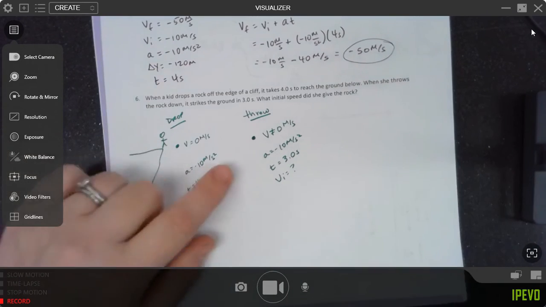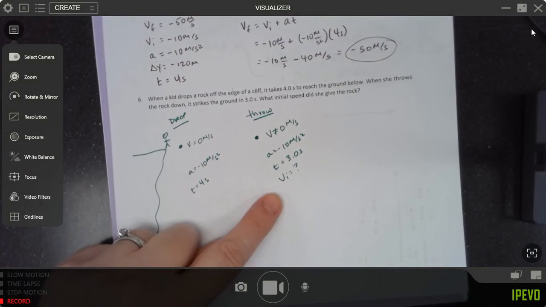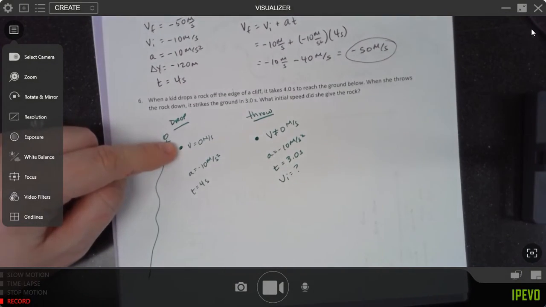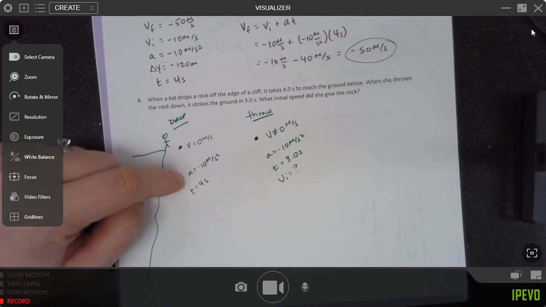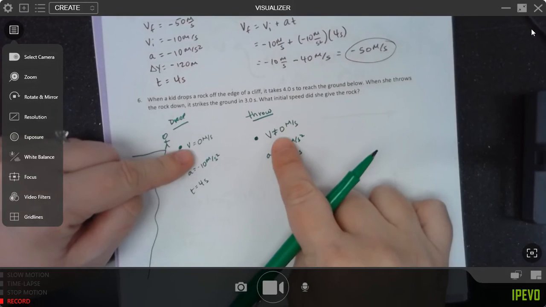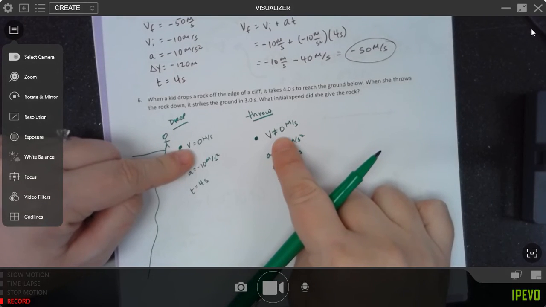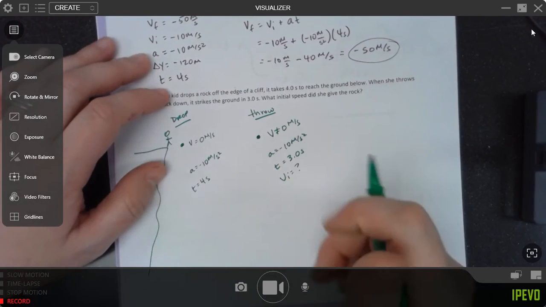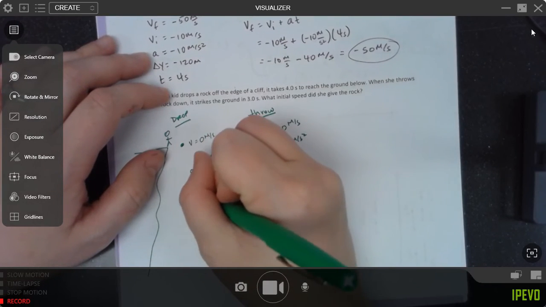But we can't solve that because we don't know another piece of this. So knowing the final velocity doesn't help us with the second part, because the conditions aren't the same. But the thing that is the same is how high the rock falls, or how much distance the rock covers. So if we can solve for our height, then that's going to help us.